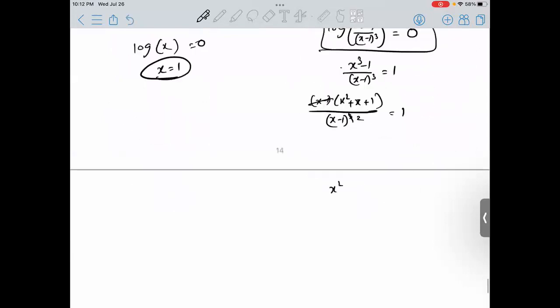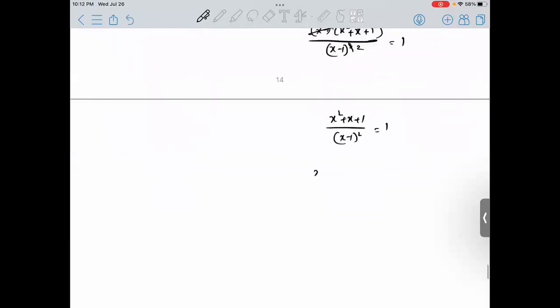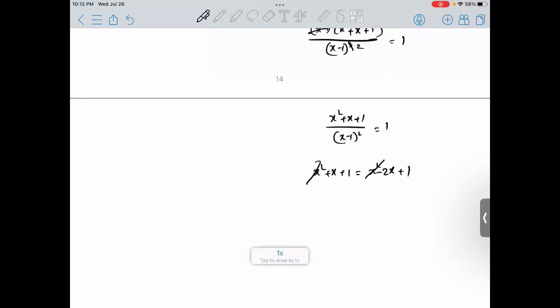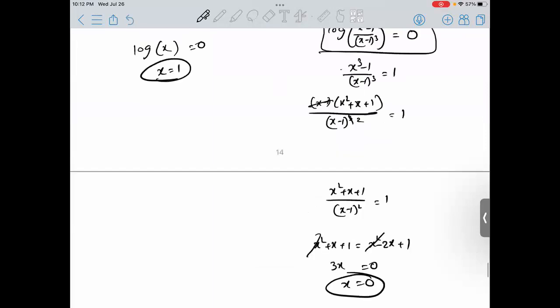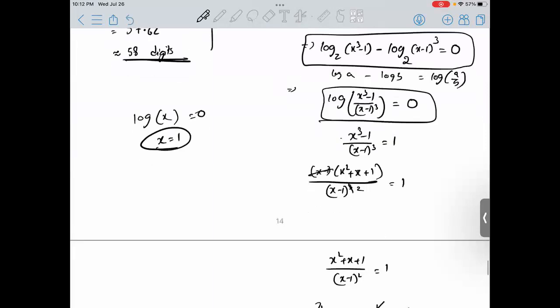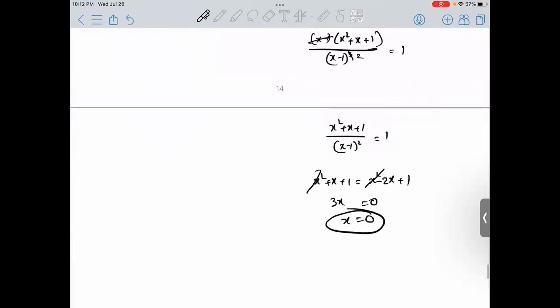So x square plus x plus 1 by x minus 1 whole square equal to 1. x square plus x plus 1 equals x square minus 2x plus 1. x square cancels. 3x equals 0. x equals 0. Listen carefully. You got one answer, x equals 0. Agree?